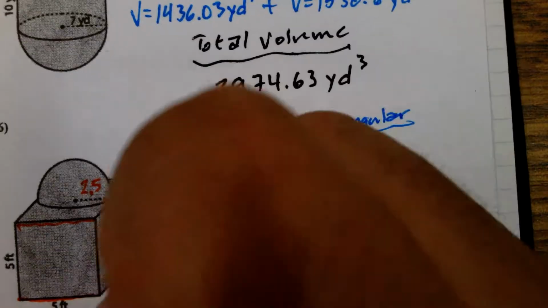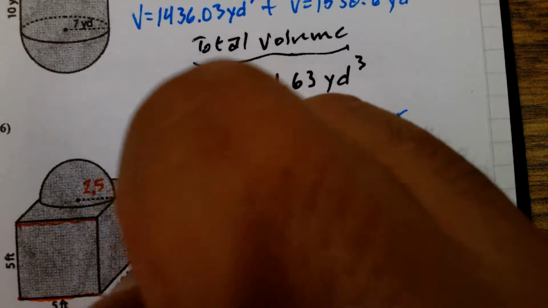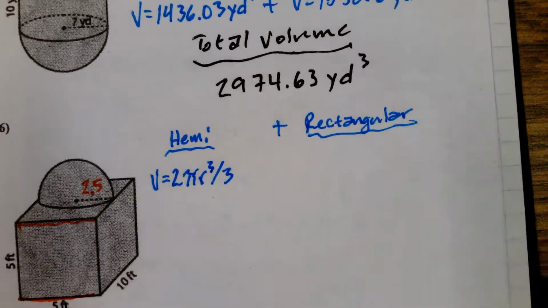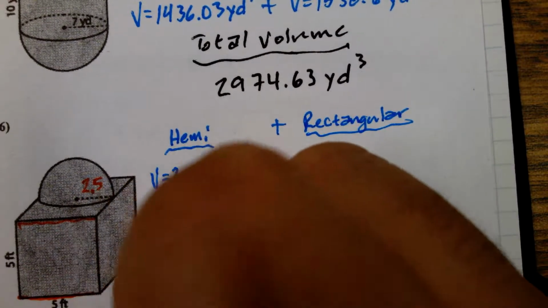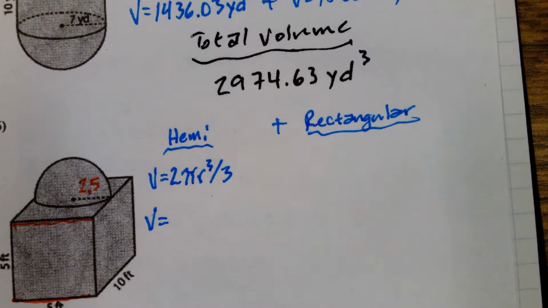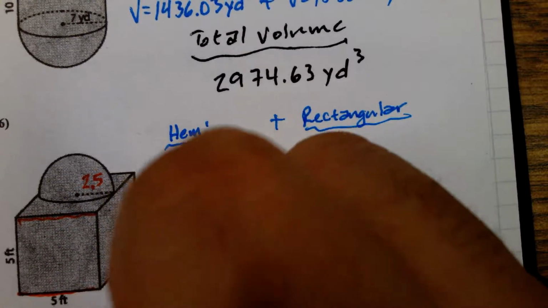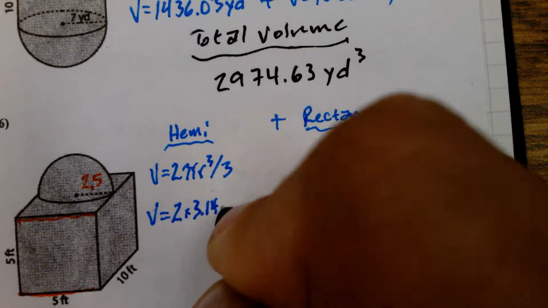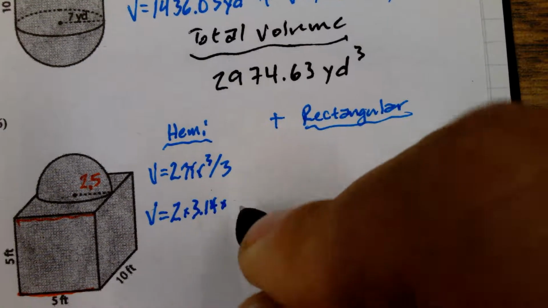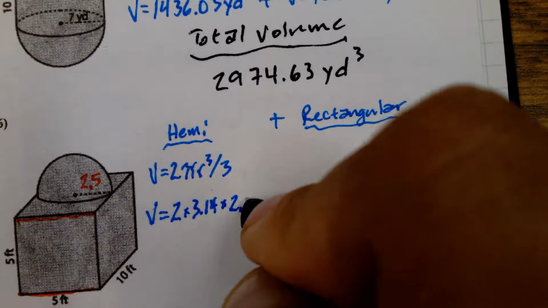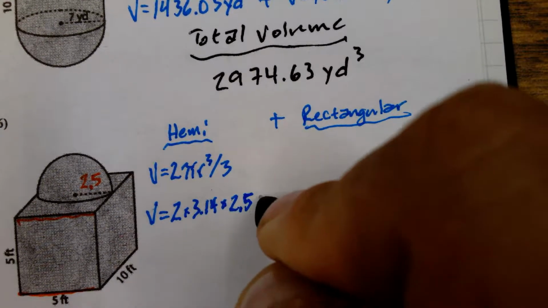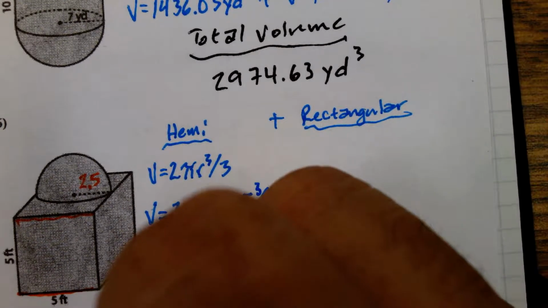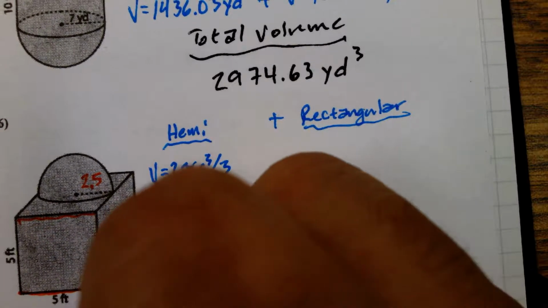Okay, so we want a volume of 2 times pi radius cubed divided by 3. Let's see, that's 2 times 3.14 times 2.5 cubed, and then divide that by 3. Ooh, that'll be interesting.